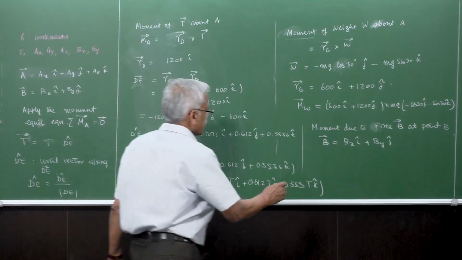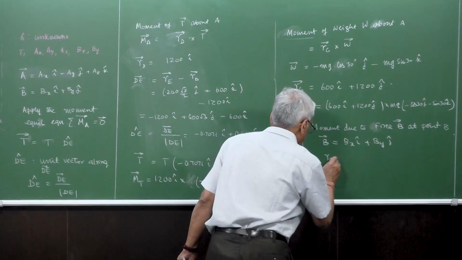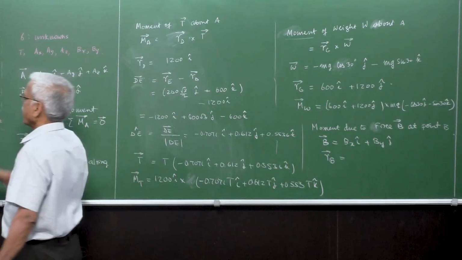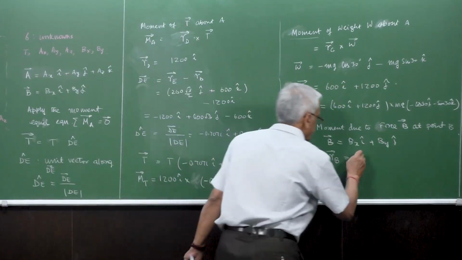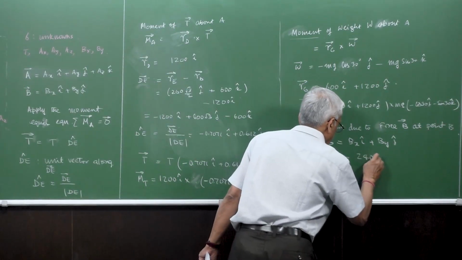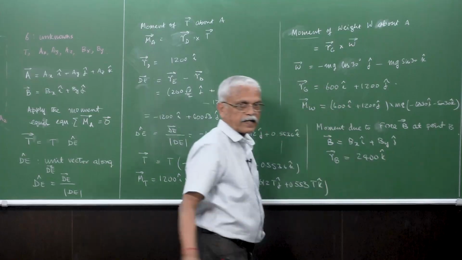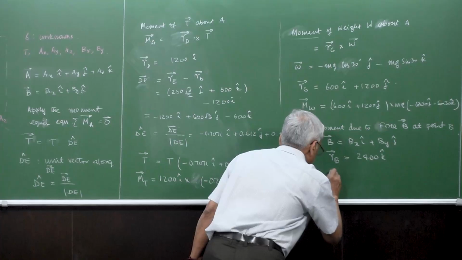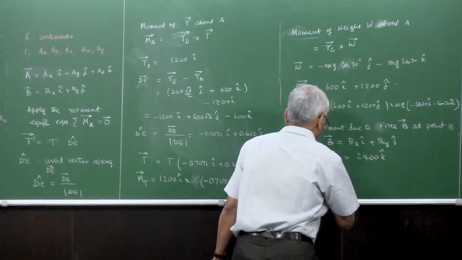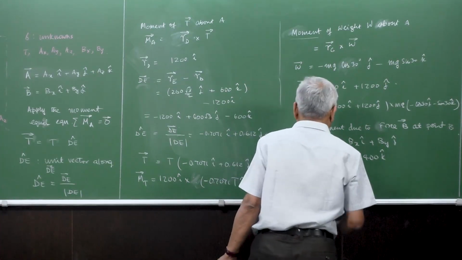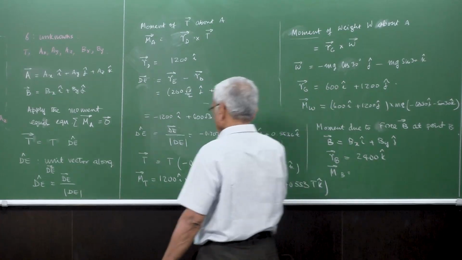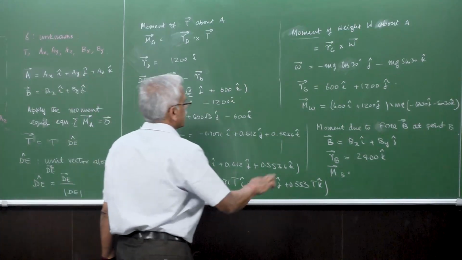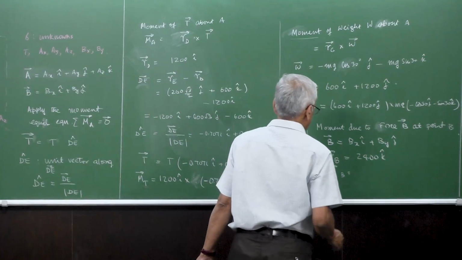And where is it acting? It is acting at point B, which we can write is only in the k direction, 2400 k. Okay, so now the moment of the force B, not about B, please consider here, subscripts I'm using for the forces. This is MT, this is MW, this is MB here.